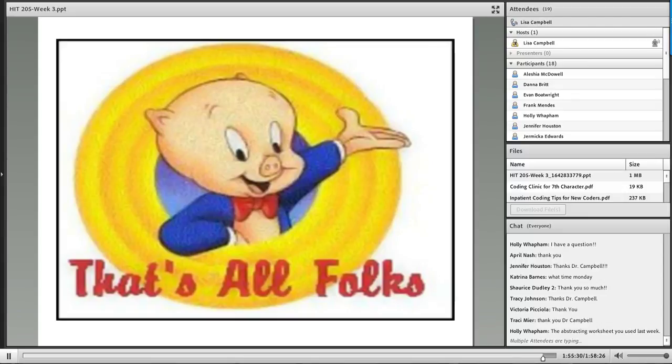I uploaded that again in the files area tonight, so you can grab that from the files area, which on my screen is directly above the chat box. I don't know what your screen looks like, but mine is directly above the chat box. And there are probably about five files there.